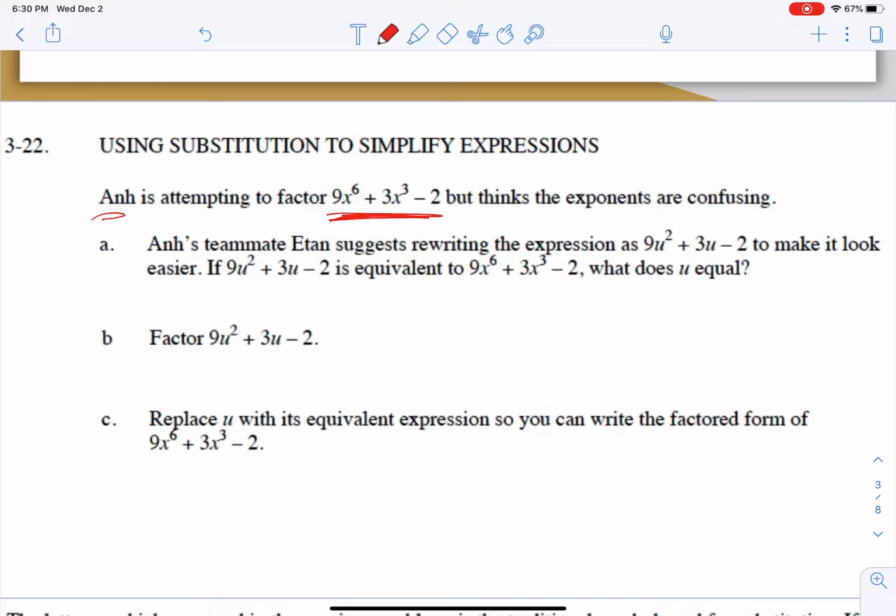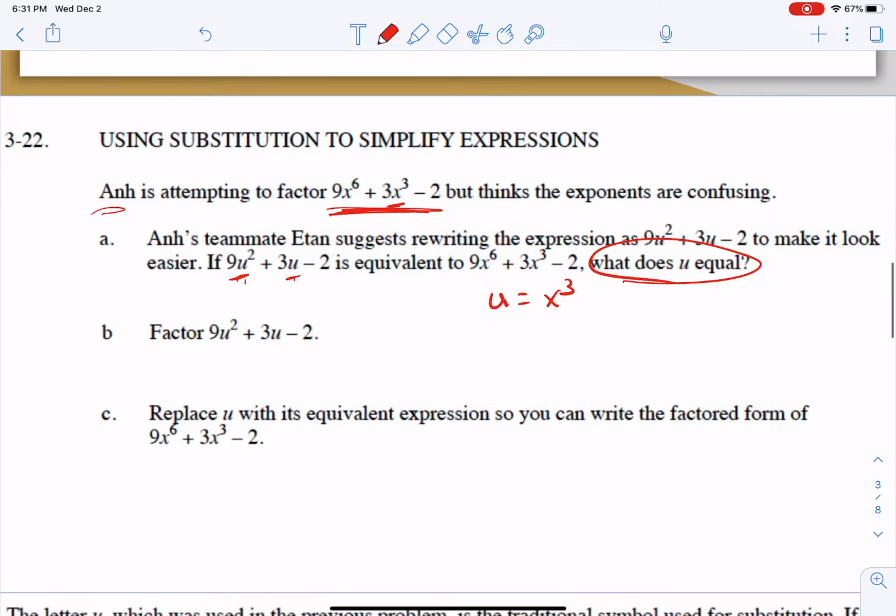So replacing this x to the 6th with u squared and replacing x cubed with u, where u is equal to x cubed. So now it's easier to factor because I just have a quadratic.